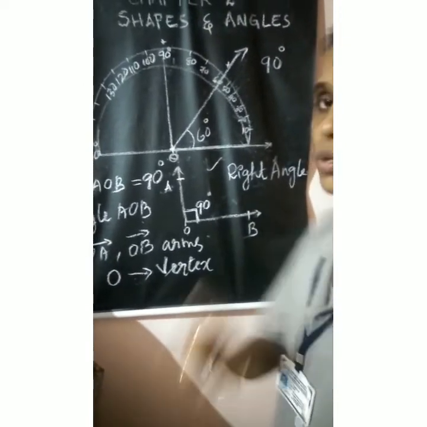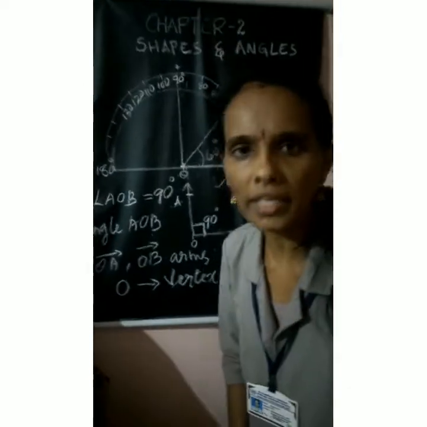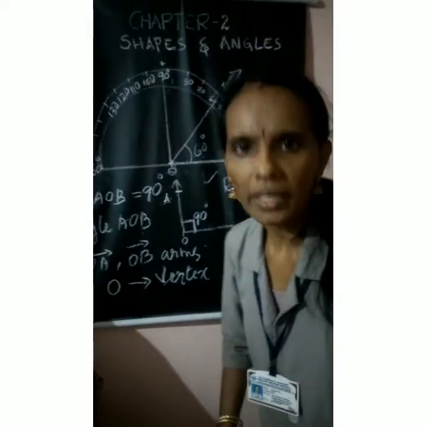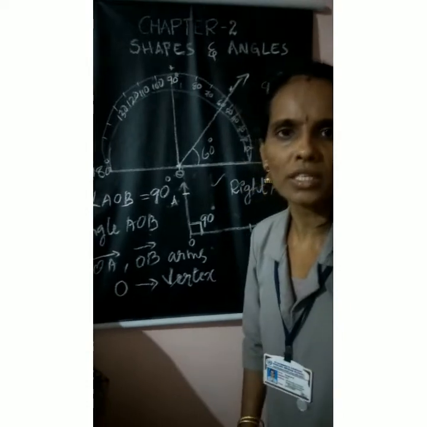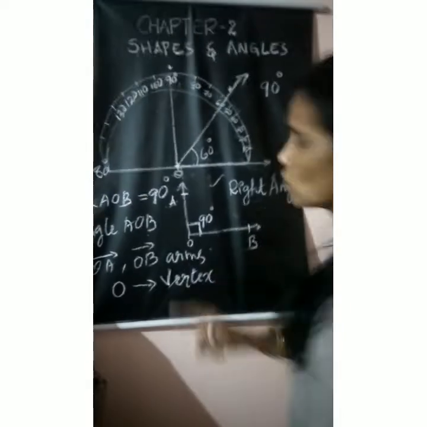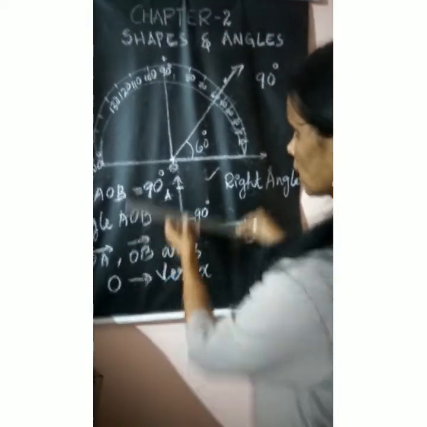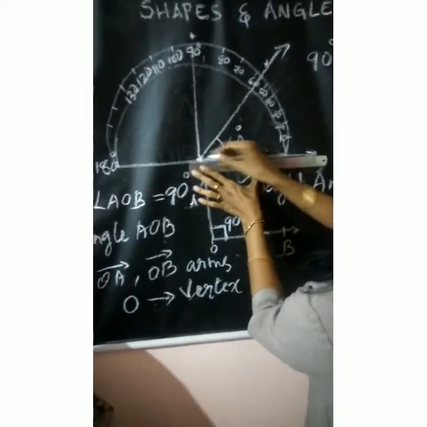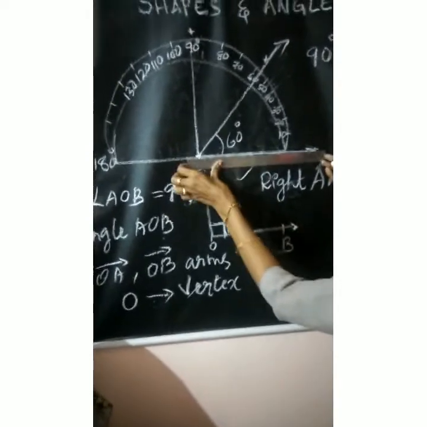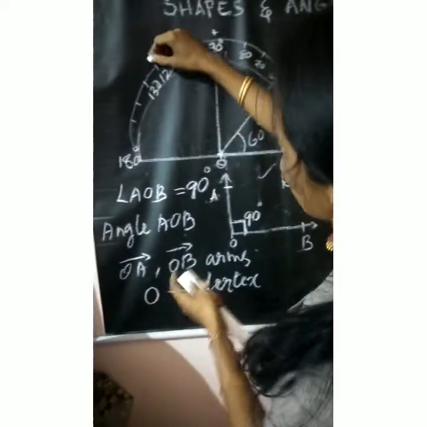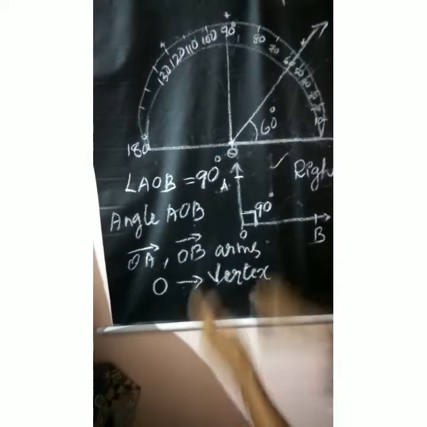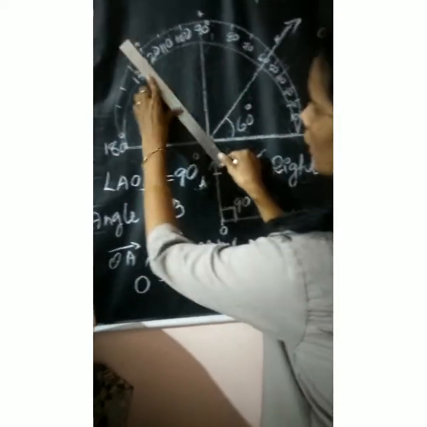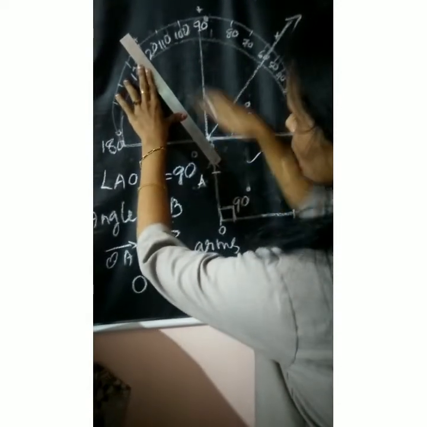How do we construct an angle above 90 degrees? Suppose we need a 120 degree angle. As before, we draw the arm, then mark a dot at the 120 position. Now we connect this point O towards 120.